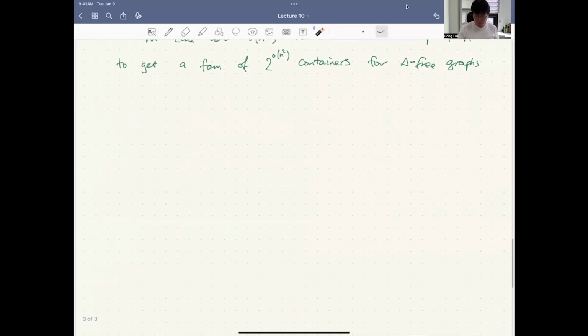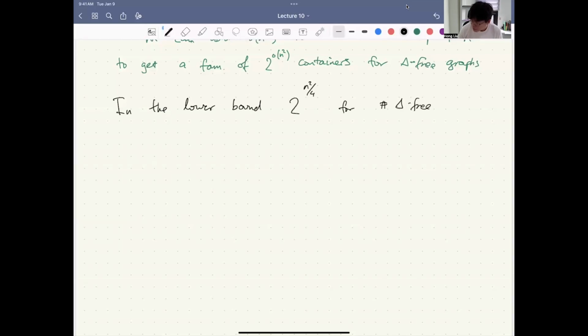So here, in the lower bound, 2 to the n squared over 4 for the number of triangle free graphs on n, what we're doing is you take a subgraph of this, right?